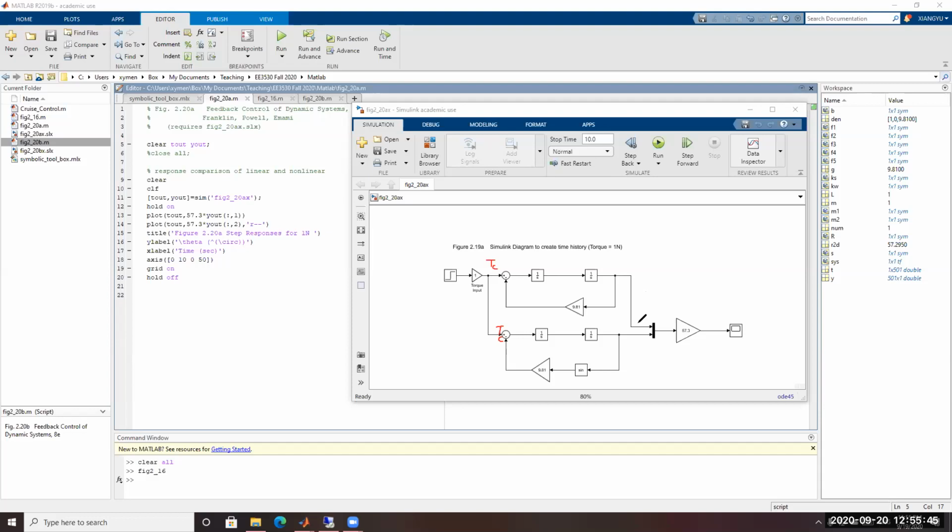Then we know this output is the state. Then here is an integral. So here it should be the state first derivative. Then on the other side, it will be the state second derivative. But this is a feedback loop.